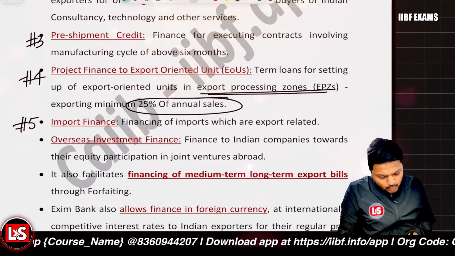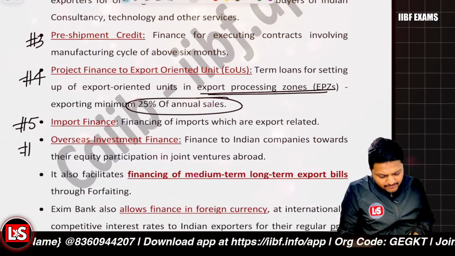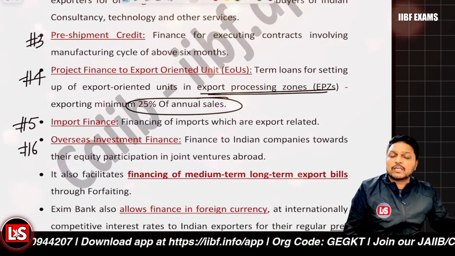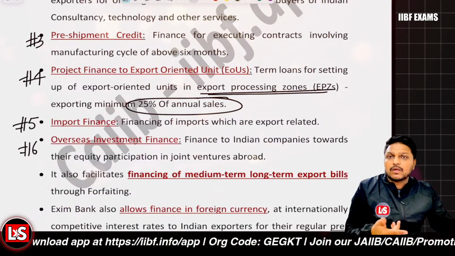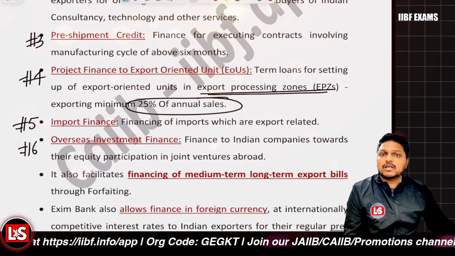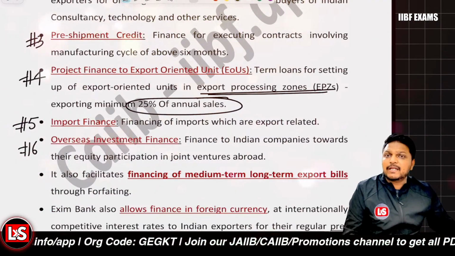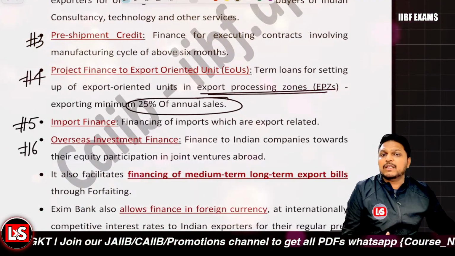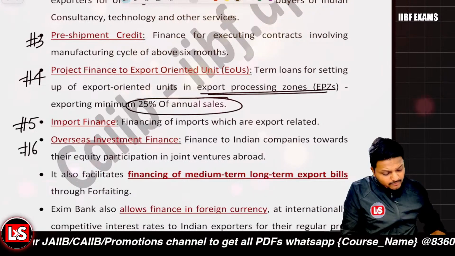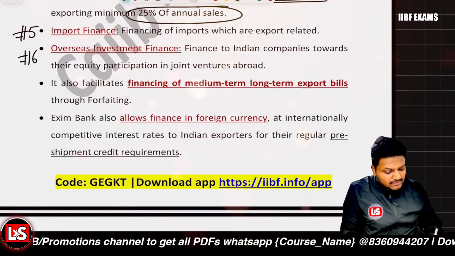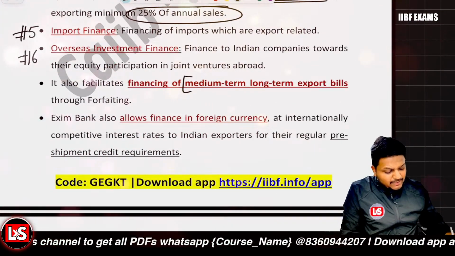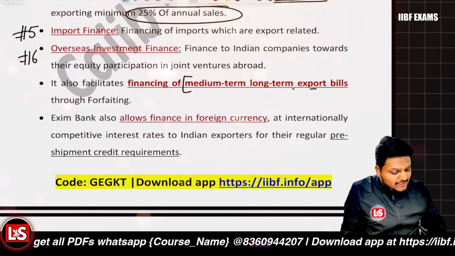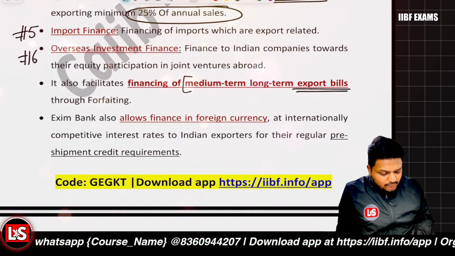Then the overseas investment finance. What is overseas investment finance? Like if you want to invest outside India as an equity participation or a joint venture outside India, or a wholly owned subsidiary outside India, Exim Bank can be providing you the finance, and they are also going to provide you finance on a medium term and long term basis based upon the export bills, like through forfeiting.